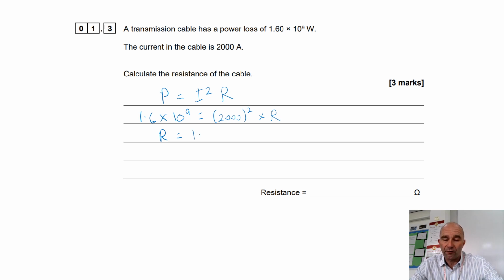So we need to divide both sides by 2000 squared. So you end up with 1.6 times 10 to the power of 9 divided by 2000 squared. When you plug all those numbers into your calculator, it comes up with a nice easy answer of, or round number of, 400 ohms. If you're going to go wrong at any point, it's forgetting to square the current. So don't forget that bit.